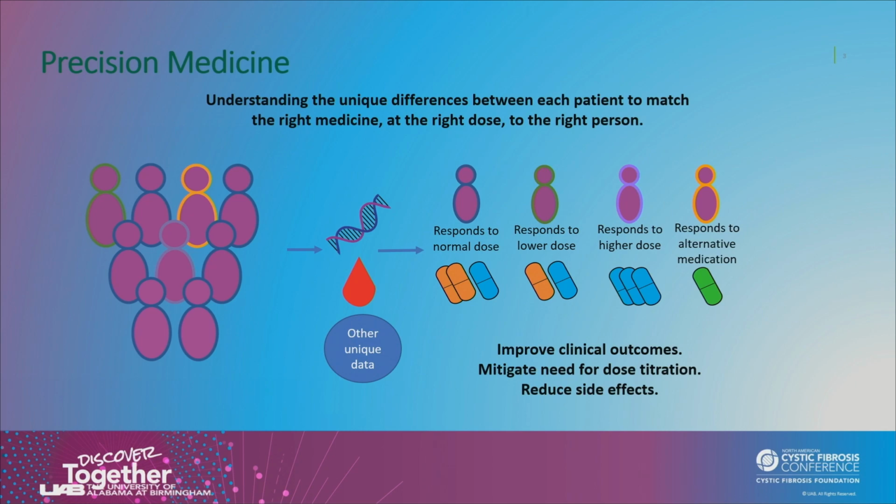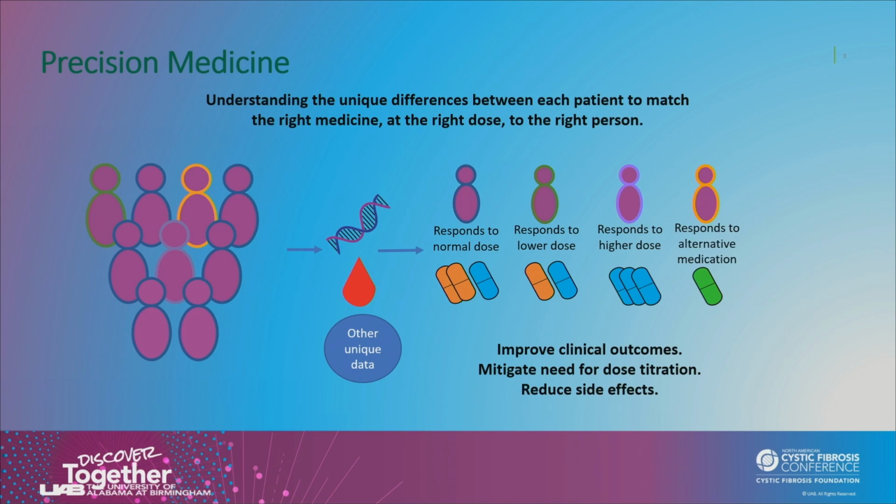Obviously, most people are going to respond very robustly to the normal dose, but some people respond better or at least as robustly with a lower dose. Some need a higher dose. And of course, others respond to an alternative medication. And this is true for most drugs. As you know, I'm probably not the only non-pharmacist in the room.